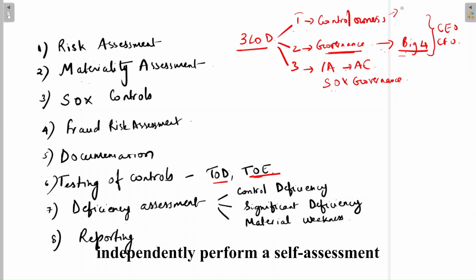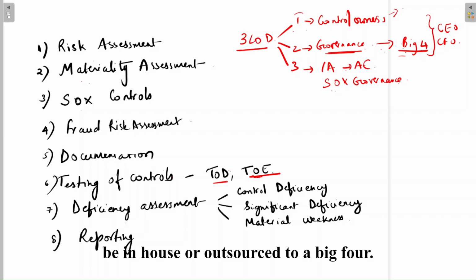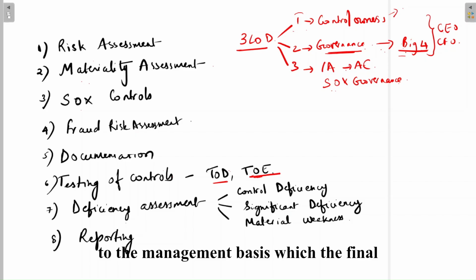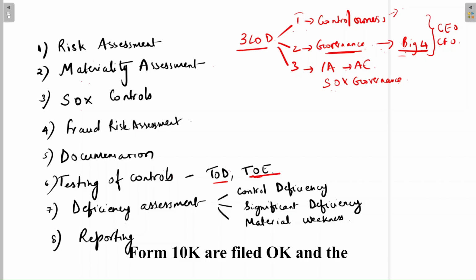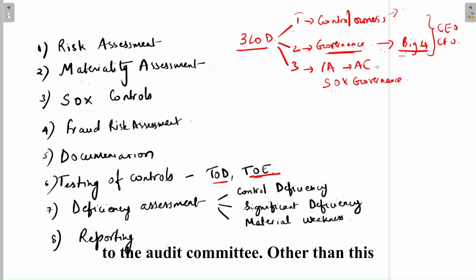They will independently perform a self-assessment and derive their own conclusion whether the control is operating as intended or not. And then the governance team will do an independent evaluation. This could be in-house or outsourced to a Big Four. This report is what goes to the CEO, CFO, to the management, basis which the final certification is done and Form 10Q, Form 10K are filed. Okay, and the independent internal auditors report goes to the audit committee.